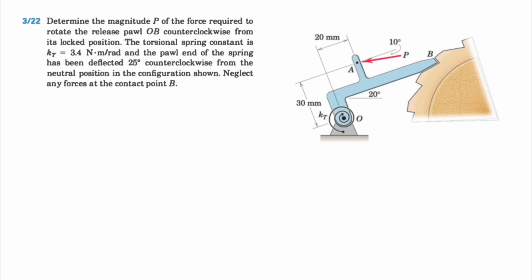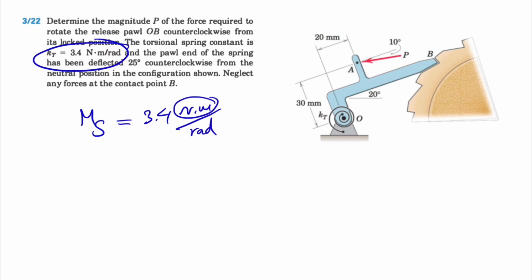We know the torsional spring constant is 3.4 Newton meter per radian, and the pawl end of the spring has been deflected 25 degrees counterclockwise from the neutral position in the configuration as shown, and we can neglect any forces at the contact point B. So what's happening here is that we have a moment at the spring, which we can call Ms, and it's basically the constant, 3.4 Newton meter per radian, times the torsion of the spring in radians.